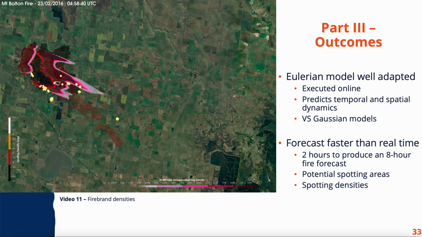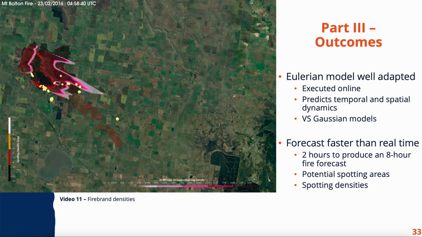So that's something that can be very useful, particularly because the Eulerian model seems to be very well adapted. It can be executed online or simultaneously to the atmospheric and the fire progression. It seems to be able to predict the temporal and spatial dynamics, and of course it's offering a lot of information; compared to Gaussian models, the amount of information and dynamics are greater as well.